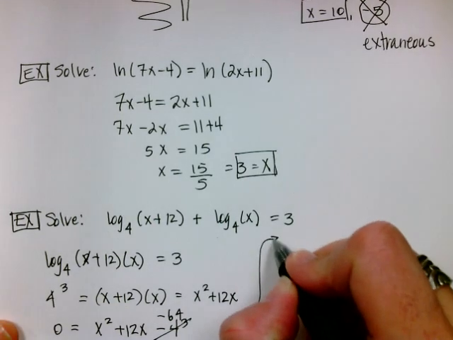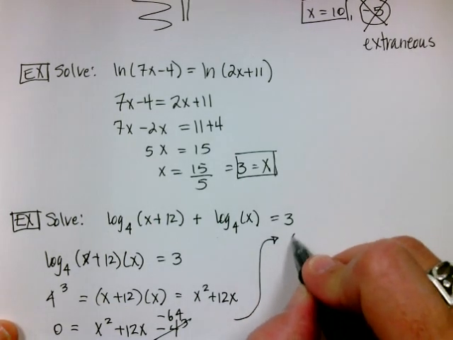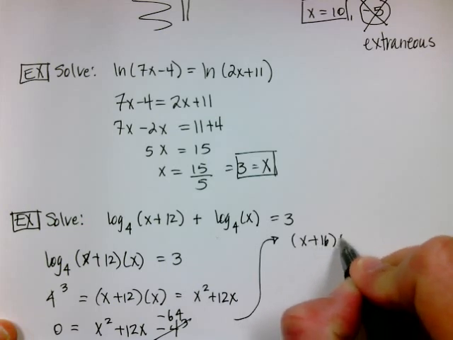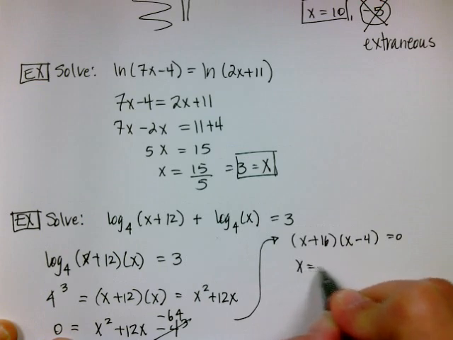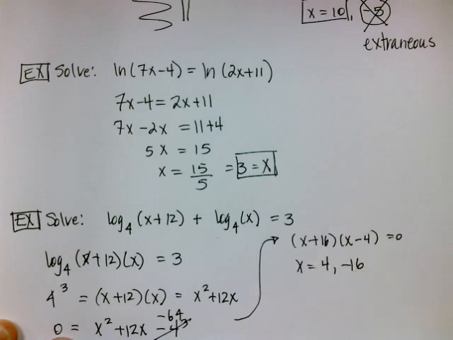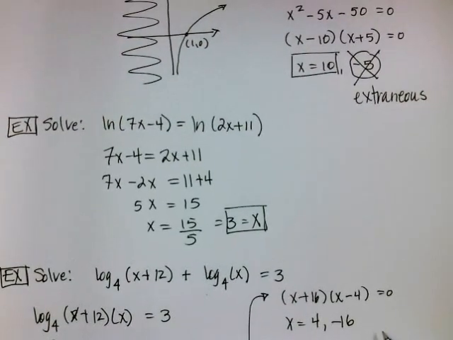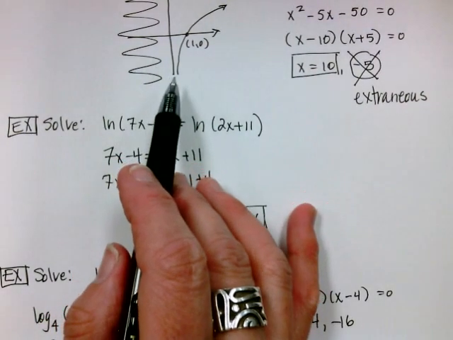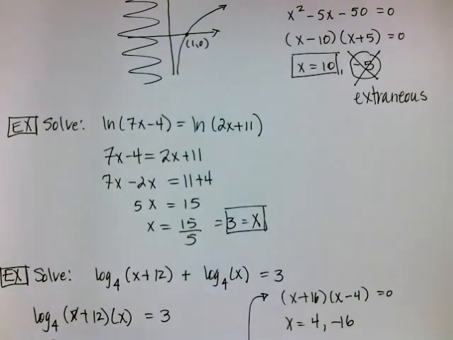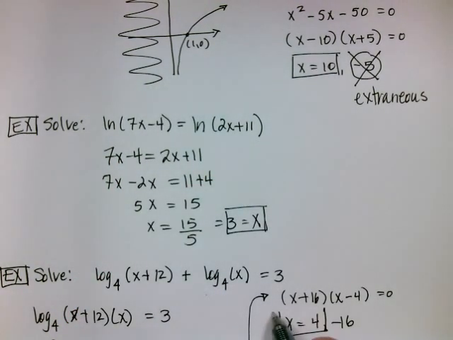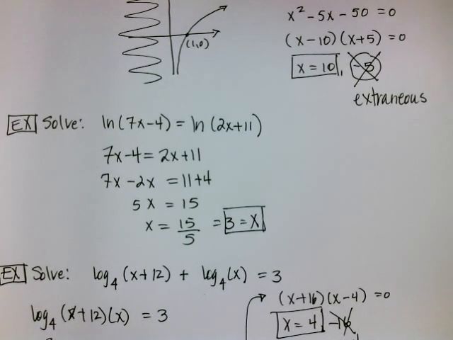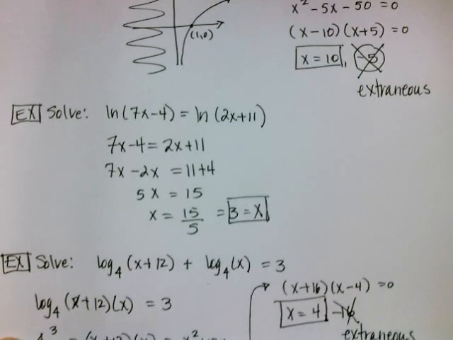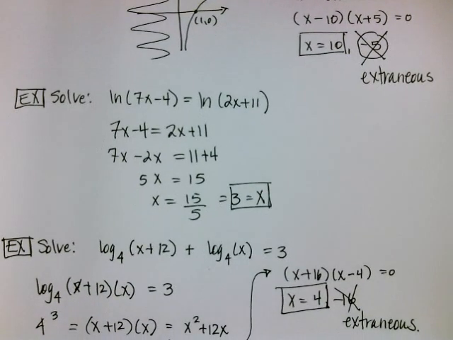So I'm going to factor my expression to be x plus 16 and x minus 4 equals 0. So I get x is equal to 4 and a negative 16. But remember, just from our previous example, I can't take the log of a negative number because it's undefined. So the negative 16 is extraneous. Extraneous, weird word. And the only solution is going to be x is equal to 4.